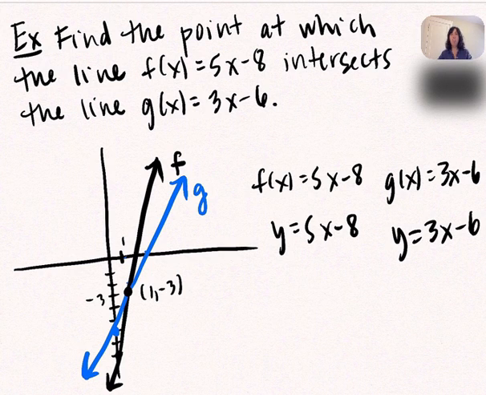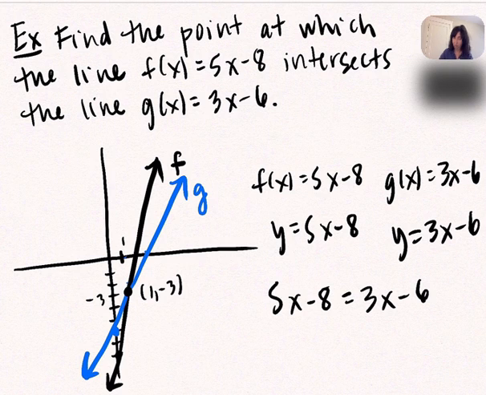What you can do is set the two equations equal to each other. In other words, I can substitute 3x minus 6 for this y value here. So that is 5x minus 8 equals 3x minus 6.